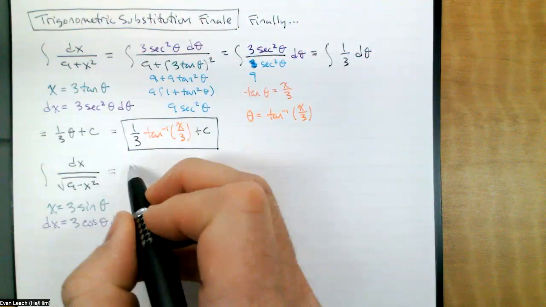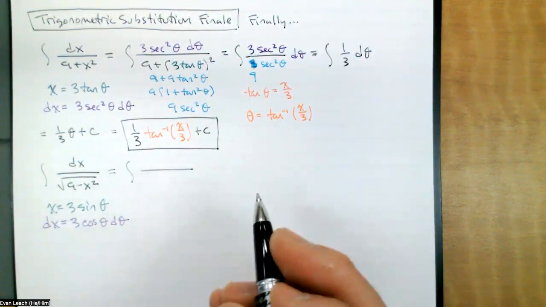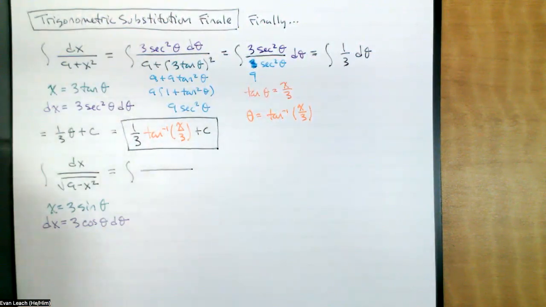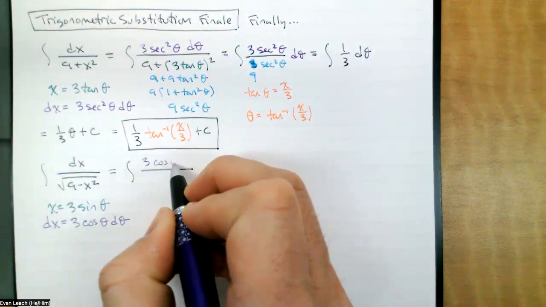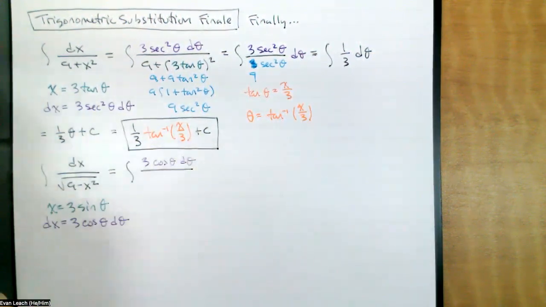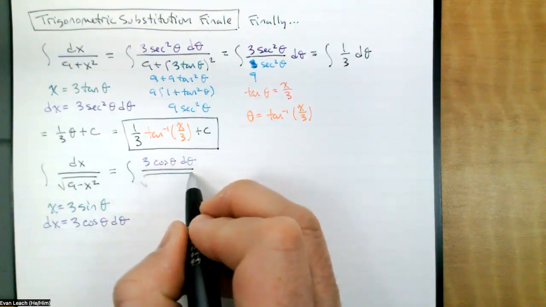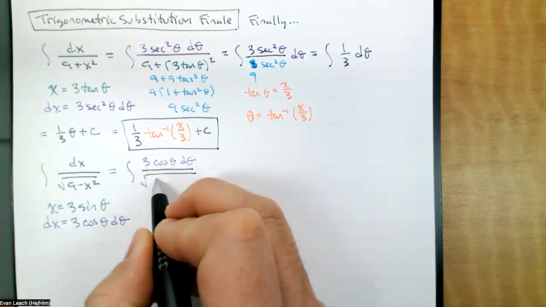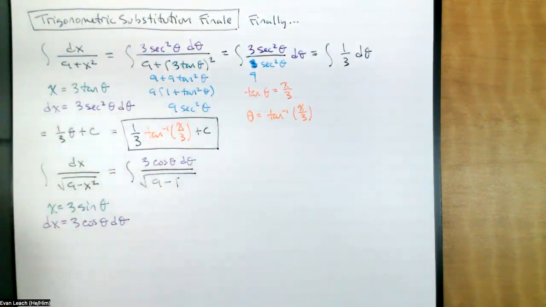We're going to make our substitution. The dx will be 3 cosine theta d theta. In the denominator, we have the square root of 9 minus x squared. In this case, x is going to be 3 sine theta.